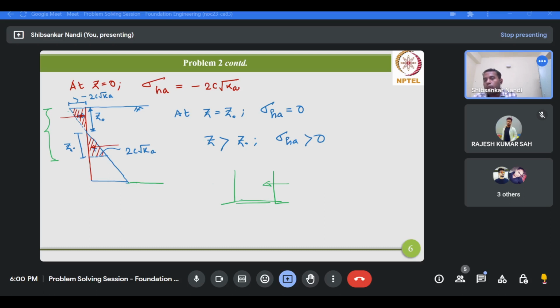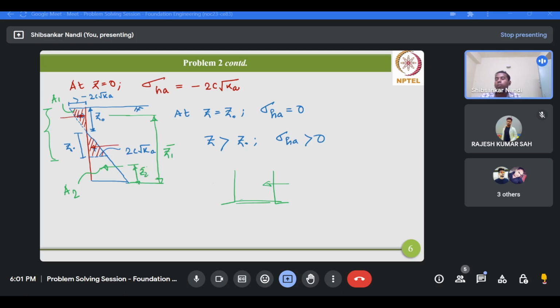Right now I am considering the area of this triangle as A1 and the area of this triangle as A2. The resultant pressure A1 is acting at a height of Z1 bar, and this resultant A2 is acting at a height of Z2 bar.